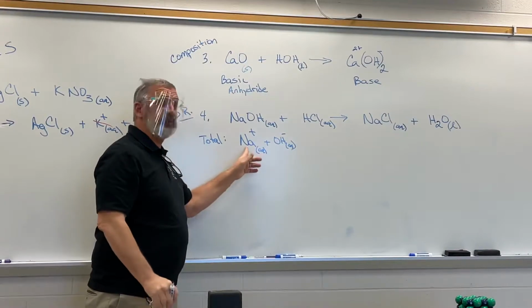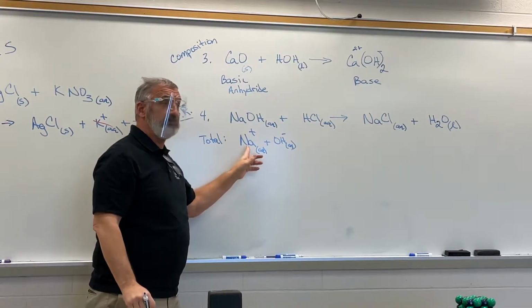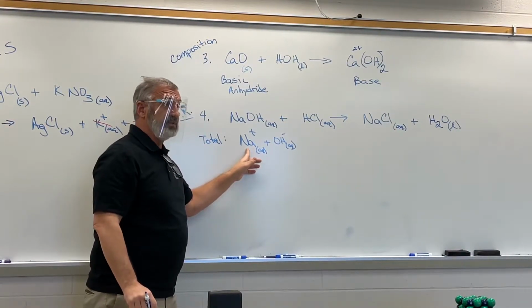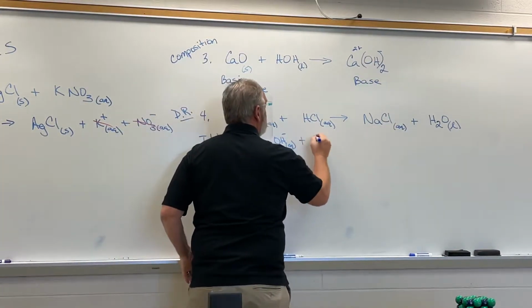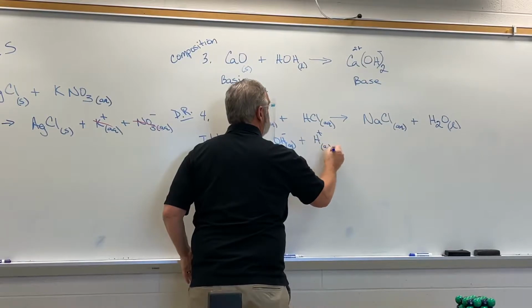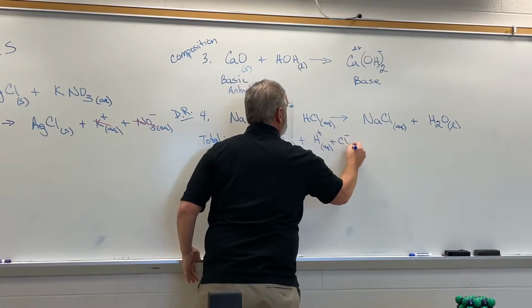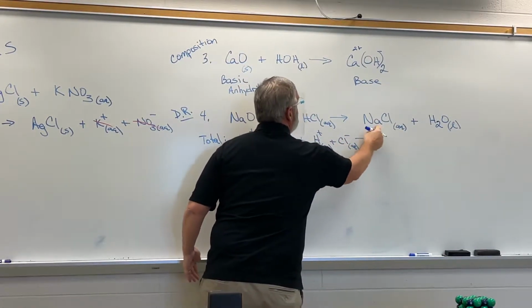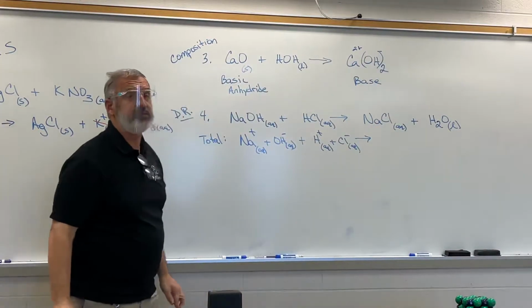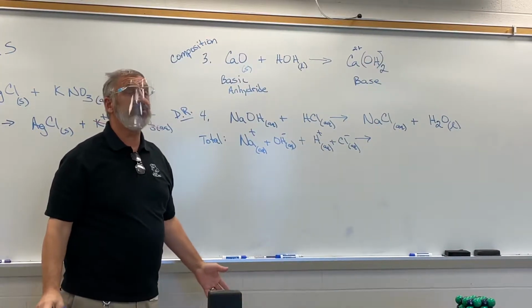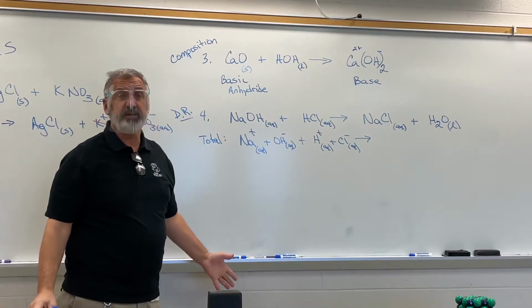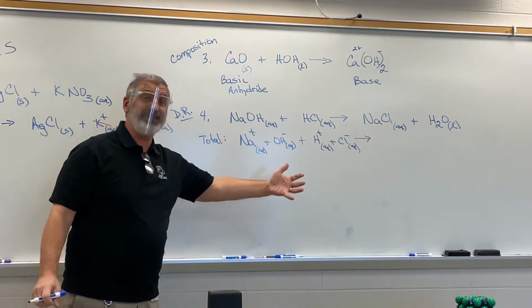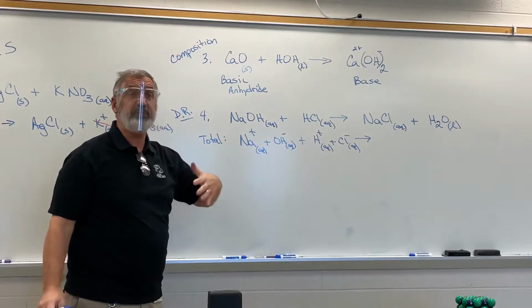It's not breaking up into sodium Na because that would blow up with the water. Na plus and OH minus. The acid breaks up into H plus and Cl minus. Now is this going to be together or apart? Apart, because it's aqueous. Solid, liquid, and gas are going to be together. Only aqueous break apart. And it's aqueous ionic, not any aqueous, just aqueous ionic compounds.